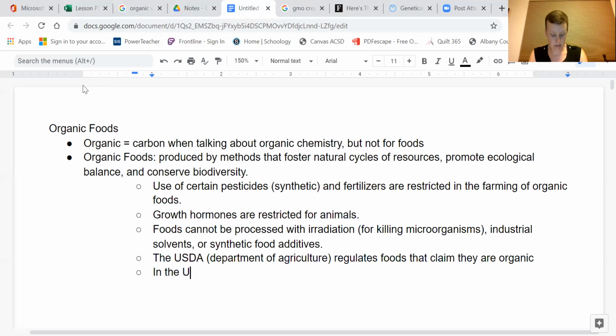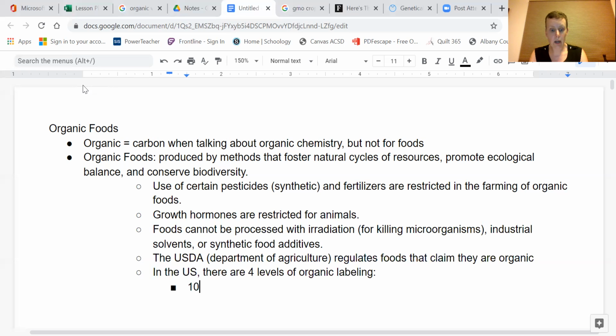In the US, there are 4 levels of organic labeling. And we're going to talk about each of these labels, and then I'm going to show you a little graphic that talks about them further.